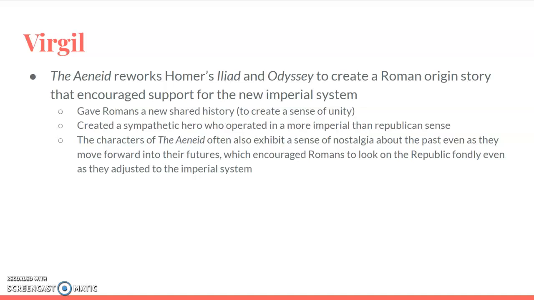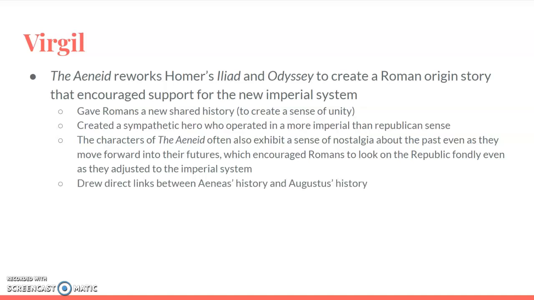It gave them permission to look back on the Republic fondly, even as they were adjusting to the new empire. It gave them permission to say, gee, that Republic was great, but I guess I can get used to this empire thing. So it gave them a real sense of permission to both miss the past and be excited for the future, just like good old Aeneas.